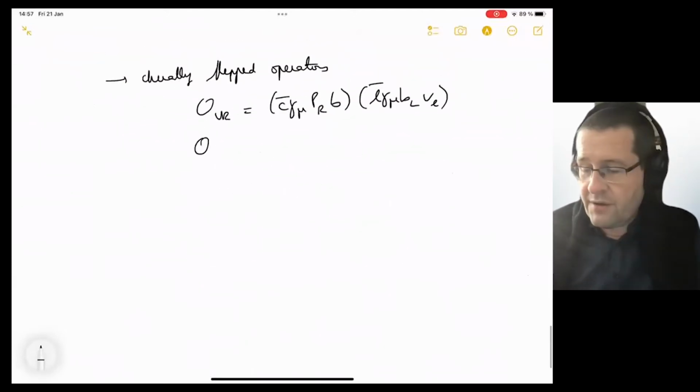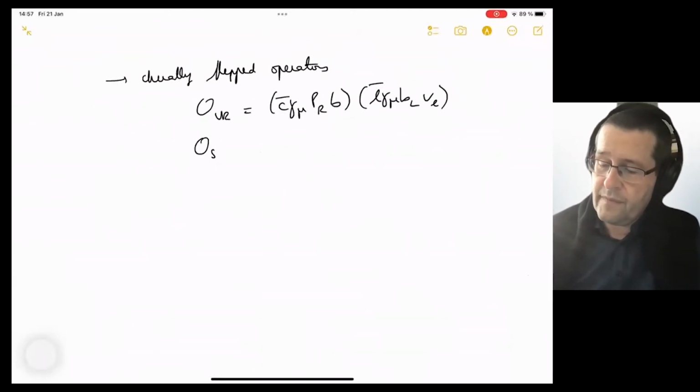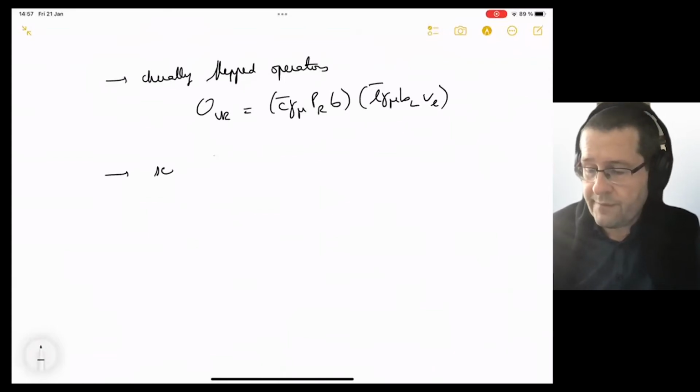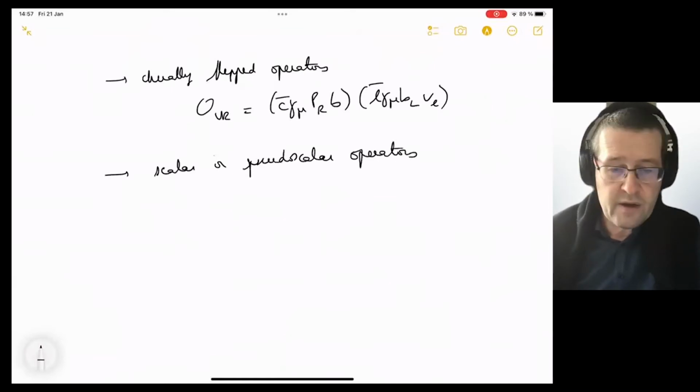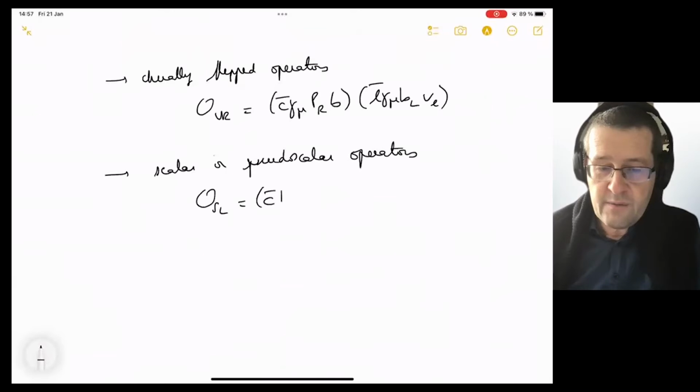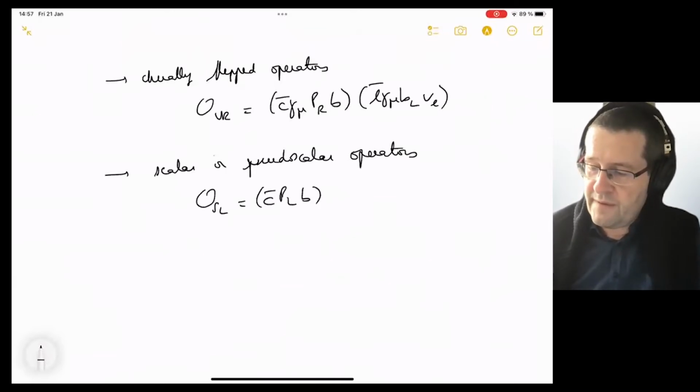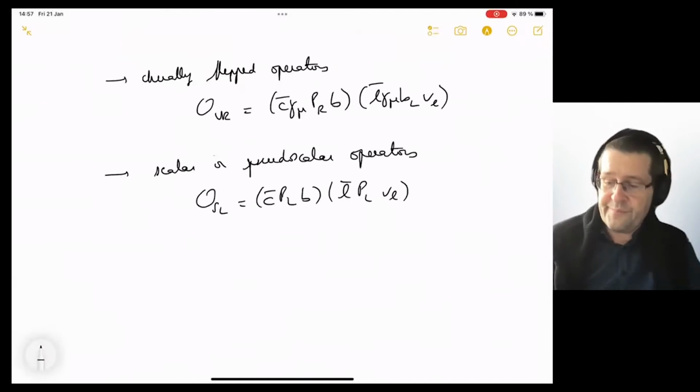I could imagine to have also scalar or pseudo-scalar operators. So one example of that would be this one.